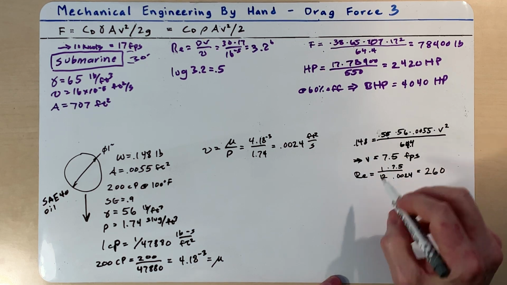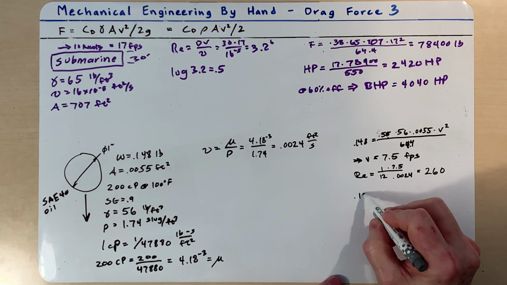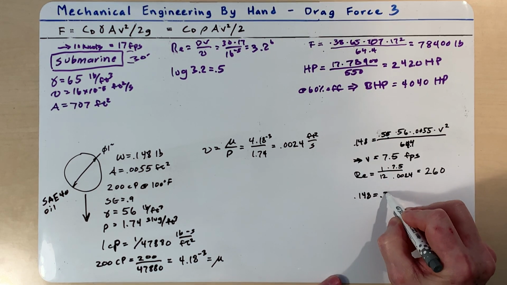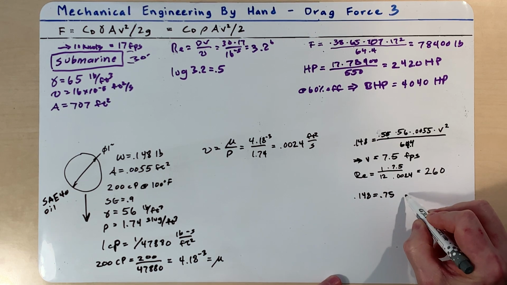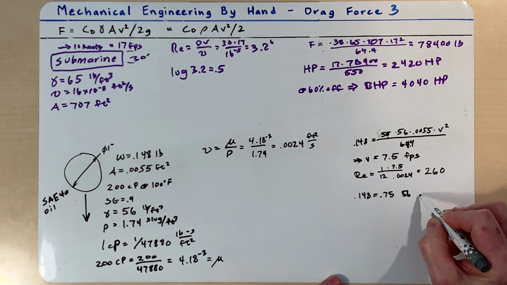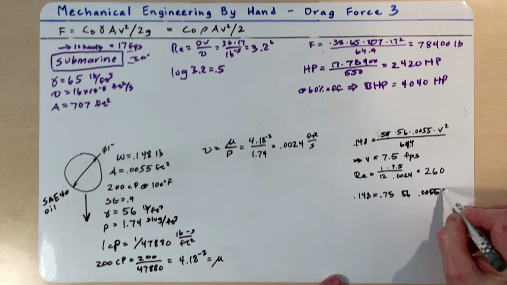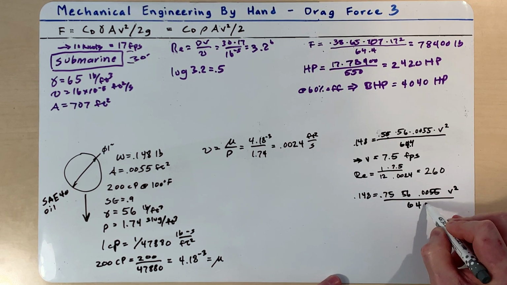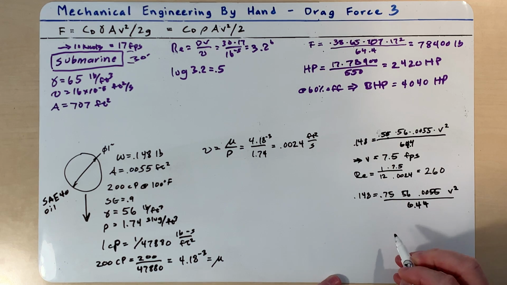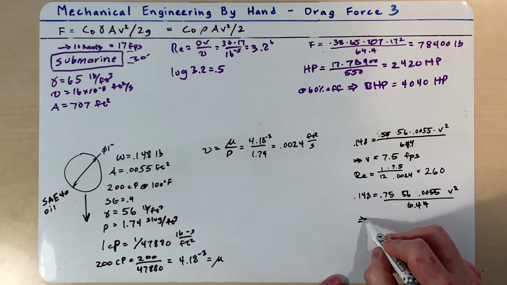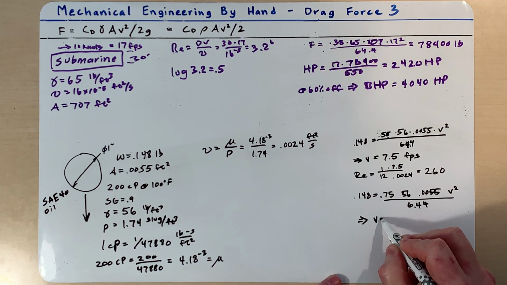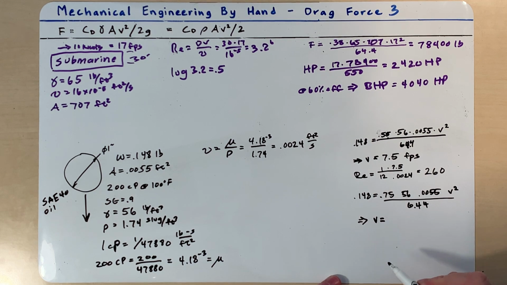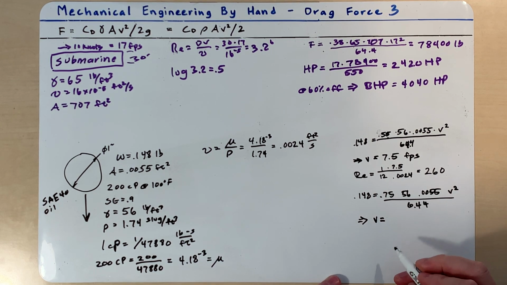So we just recalculate that. 0.148 equals 0.75 times 56 times 0.0055 times the velocity squared over 64.4. And so our new velocity is 6.4.